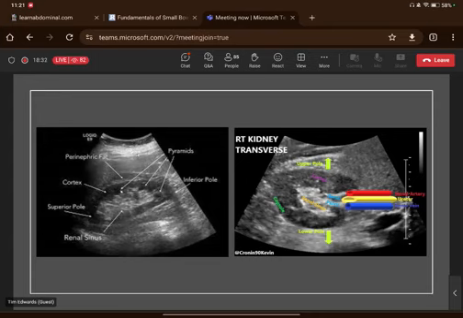Even more reduced echogenicity is the medullary pyramids, which are quite easily noticeable. They're very echogenic, and they've got a distinctive kind of shape that we can see on other imaging as well.